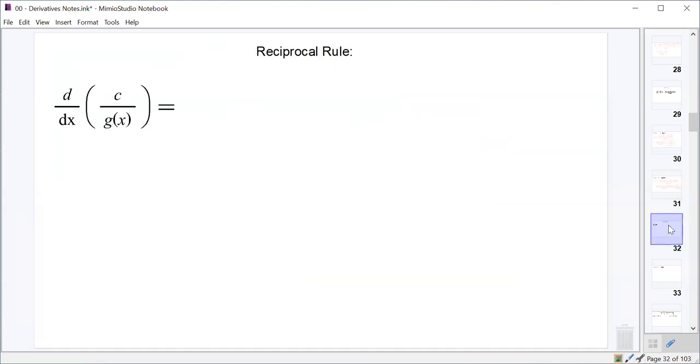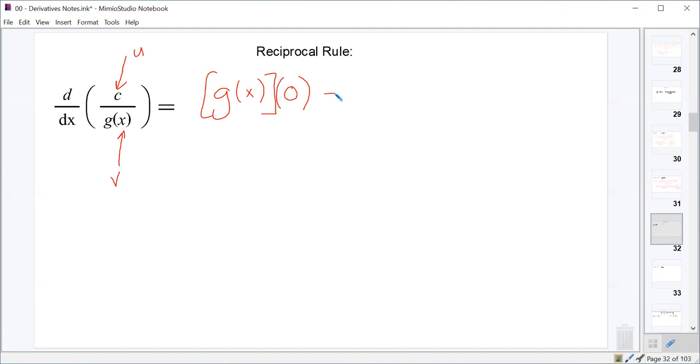One nice little rule that we can come up with is called the reciprocal rule using the quotient rule. So if we have a constant divided by a function, this is like having a function, u, divided by another function, v. So we can still use the quotient rule. We can do v times the derivative of u. The derivative of a constant is just 0. So we have g of x times 0.